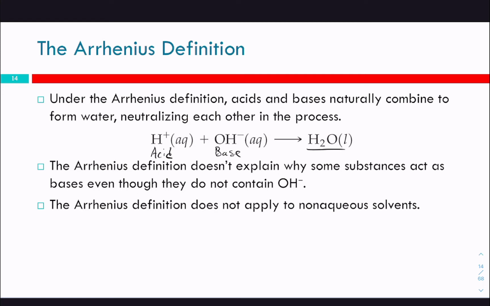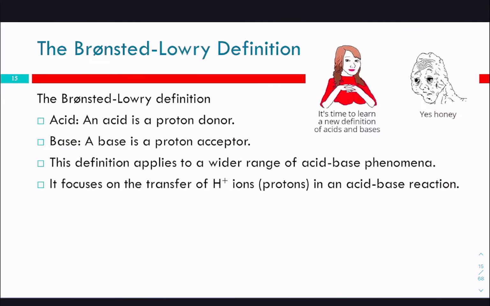But this isn't a perfect definition, which is why we have more than one. So it's time to learn a new definition of acids and bases. The Brønsted-Lowry definition has only slightly different definitions. Remember, H plus equals a proton.